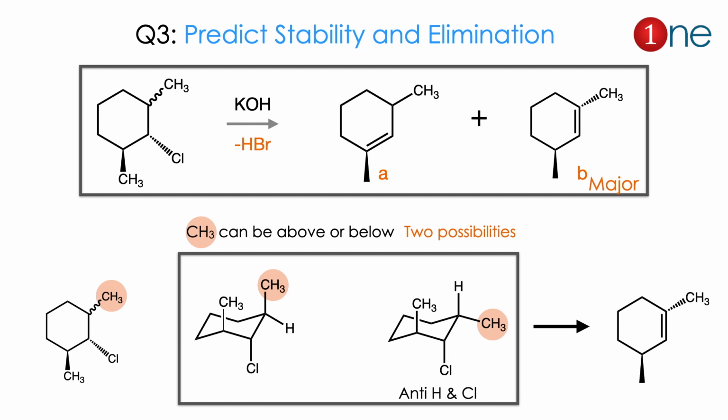The only thing is whether CH3 is cis or trans to Cl. So CH3 can be axial or equatorial. There are two possibilities. Which one will be the favorable one? We very well know that anti-periplanar position is very much favored. So the equatorial methyl is the favorable one. So HCl will be eliminated, and B will be the dominant one.